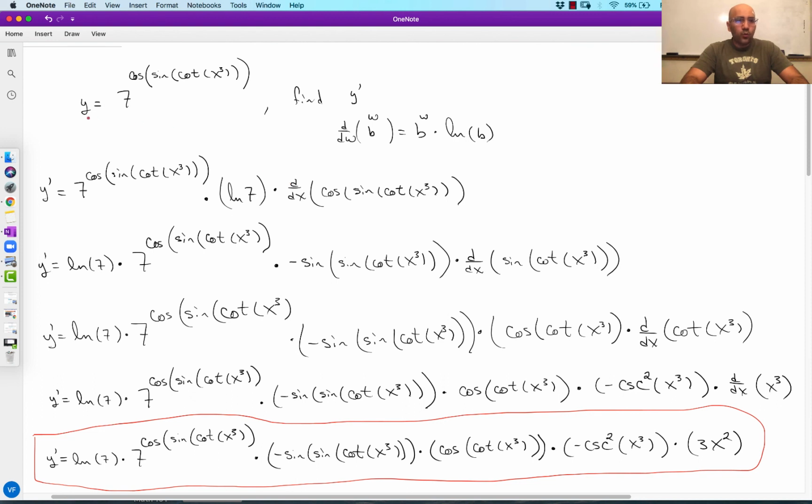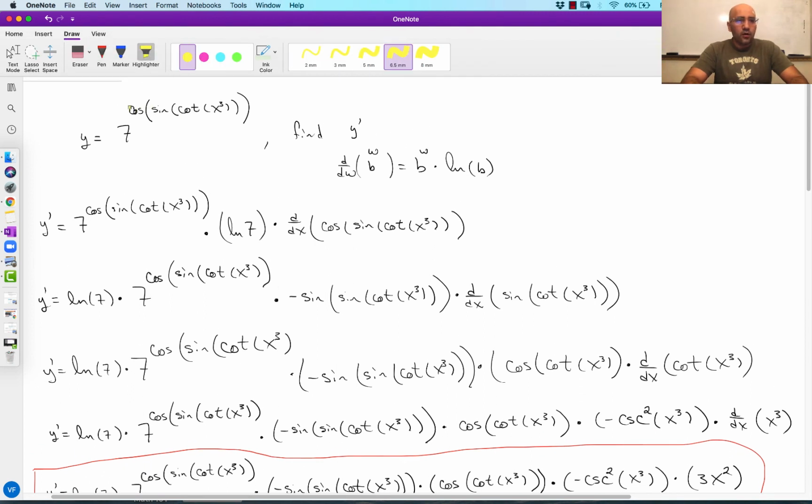Let's see, we started with y equals 7 to the power of cosine, sine, cotangent, x cubed. So we went through several iterations of the chain rule. First, we pretended all of this was one single letter, and we know the derivative of 7 to, let's say, the letter w.